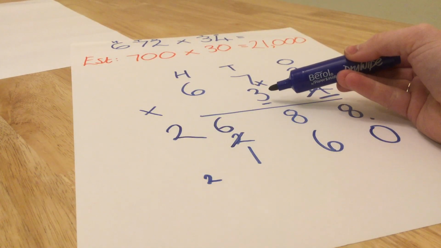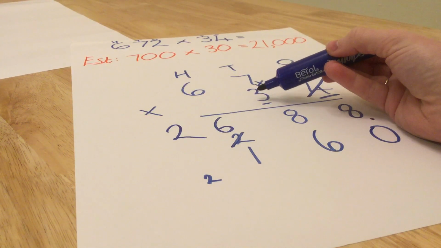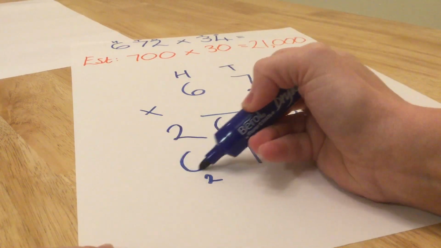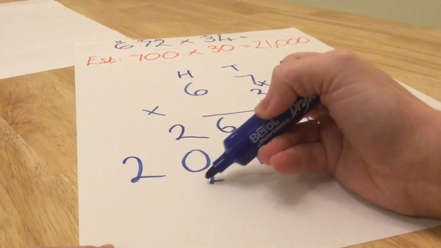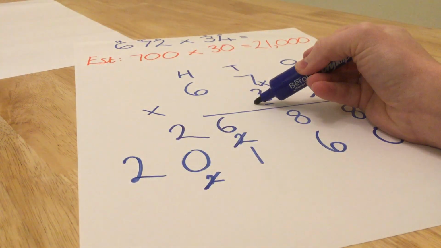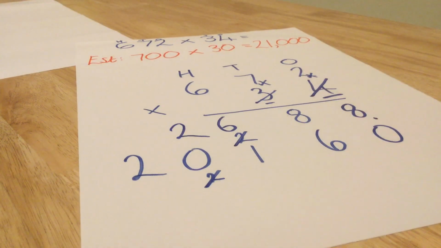Once again, I'm going to use my number facts by just doing 6 times 3, which is 18. Then I need to add the 2, which is 20. And I'm going to cross out so that I know I've done that. And I can cross out my 30 now because I've times all of those numbers by 30.